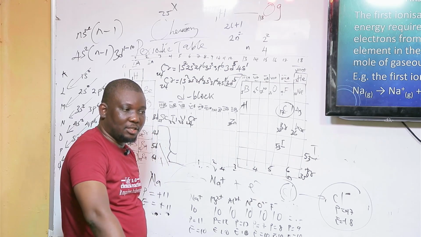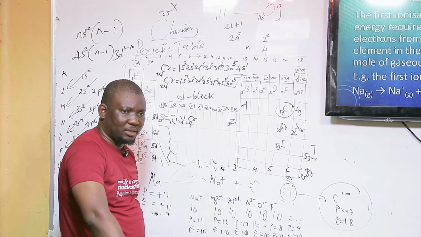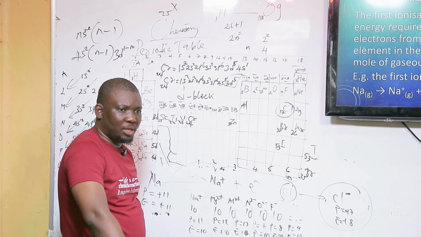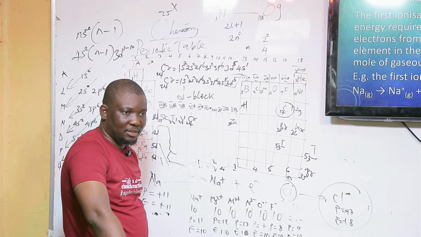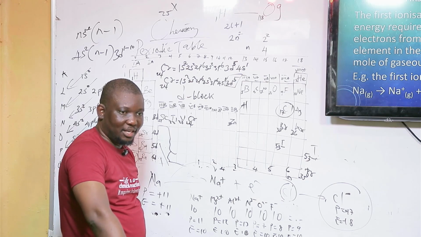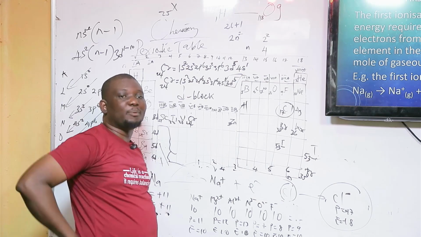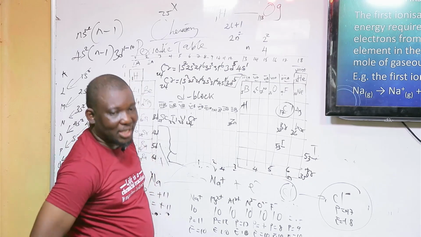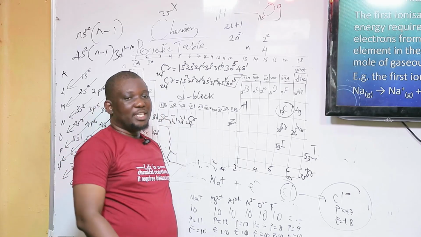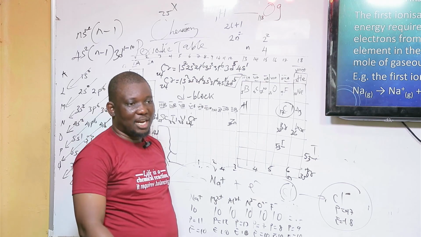Is ionization energy exothermic or endothermic? It is endothermic. Energy is required, or energy is absorbed, to remove one loosely held electron from a gaseous atom to form a gaseous ion.